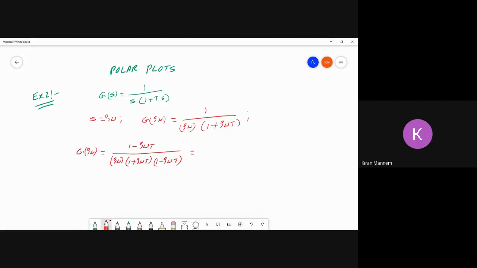Then separate the real terms and imaginary terms. So if you separate the terms, it will be minus t by 1 plus omega square t square minus j into 1 by omega into 1 plus omega square t square.